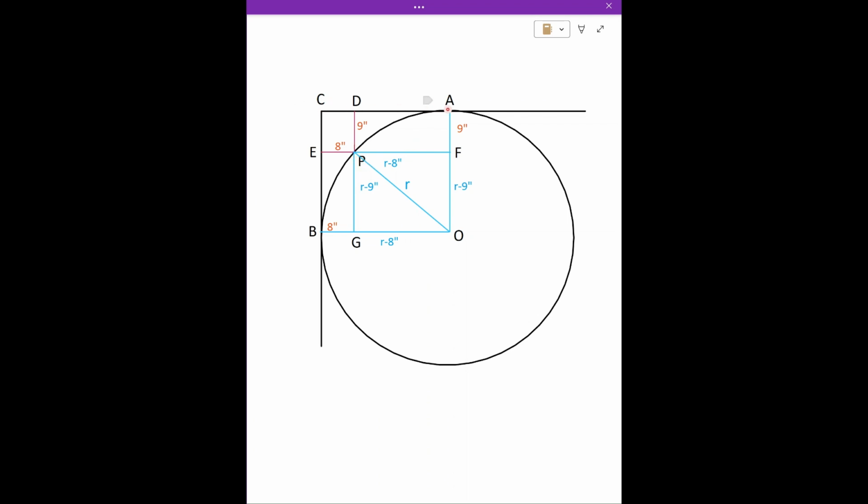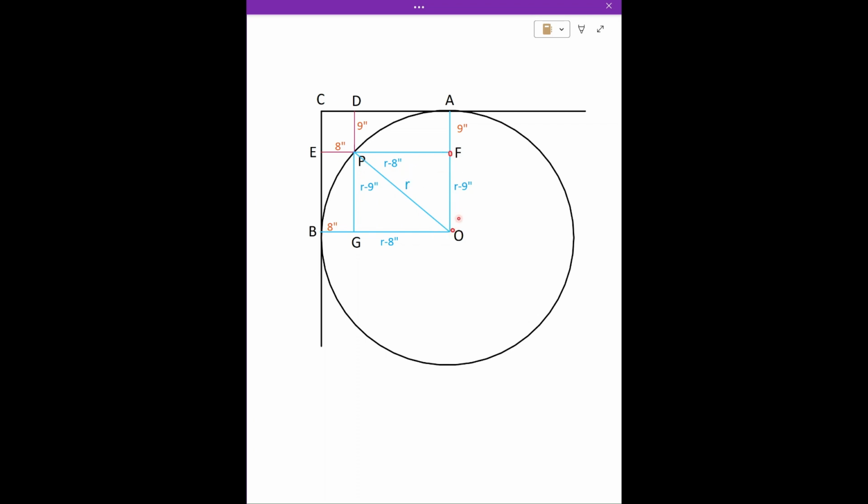Now, in this AOBC, all the angles are 90 degrees. Similarly, EFOB, all the angles are 90 degrees. This means that EFOB is a rectangle and EB is equal to FO.